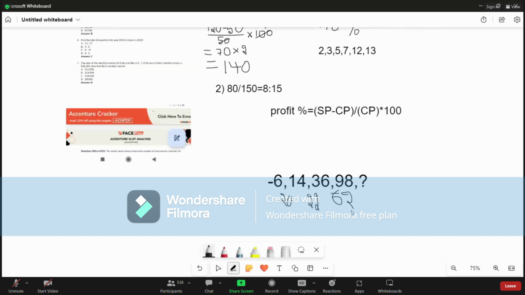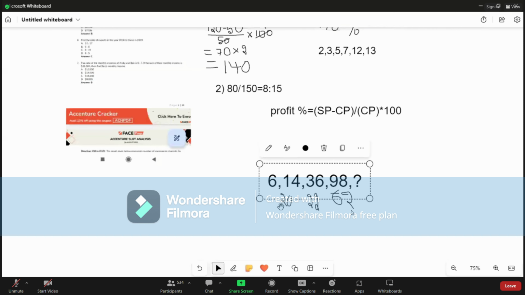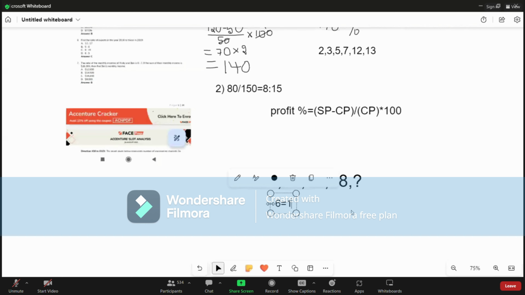So okay, I have got this. There is a small issue with the question. That is, the first one isn't minus 6, it is plus 6. So there might be some issue regarding that. So we can write 6 as 1 plus 2 plus 3.